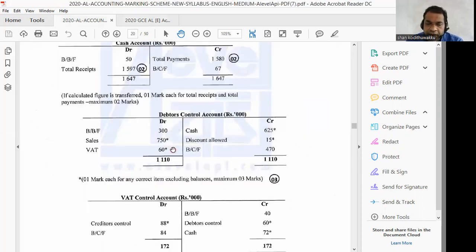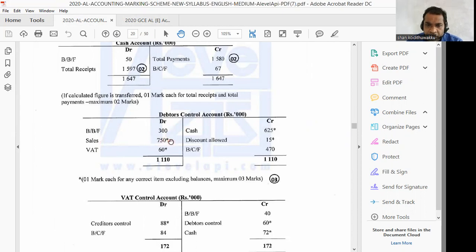Here, 810 is the total credit sales value, but we can separate. We can divide 810 by 108. That is 100 plus 8% VAT, it is equal to 108. 108% equal to 810. Then you will take net sales 750.